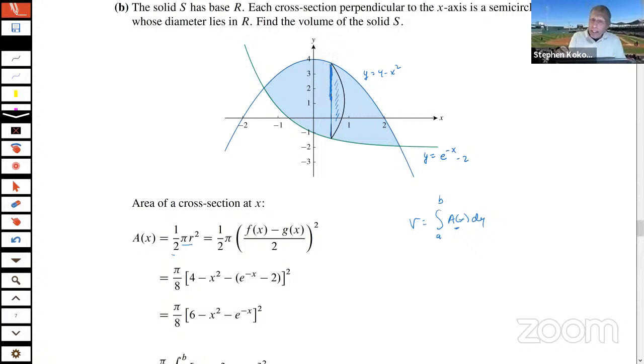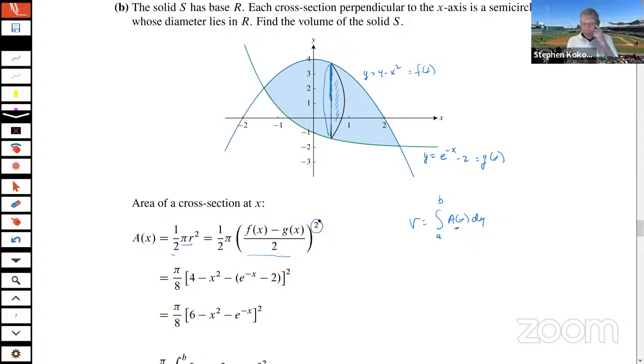Sure, that would be this distance from here to here. That would just be f of x minus g of x, as defined on the previous page, right? So where this is f of x, and where this is g of x. So I have to take the diameter divided by 2 to get the radius, and I've got to square that.